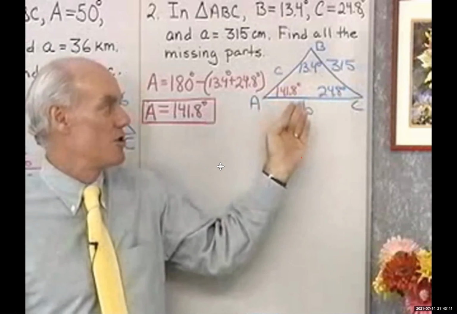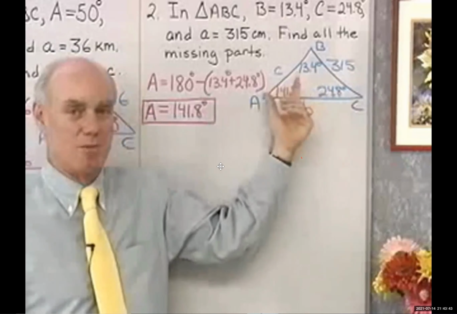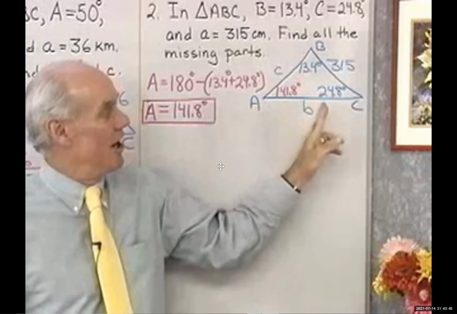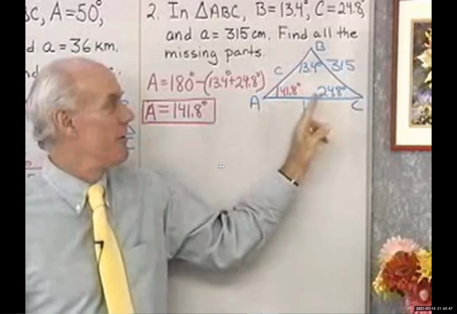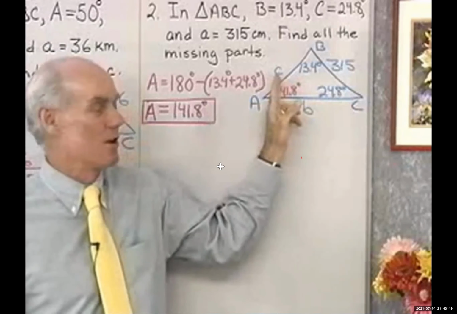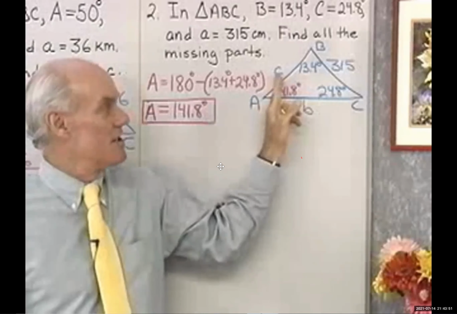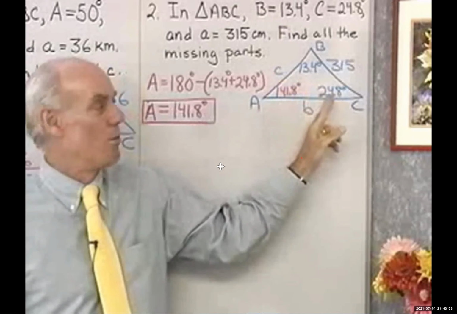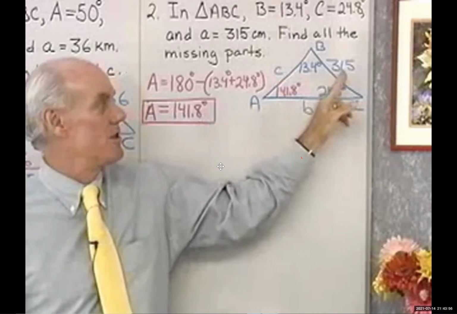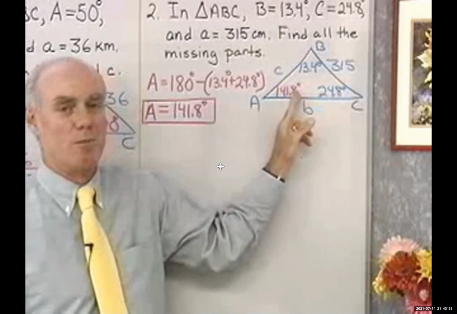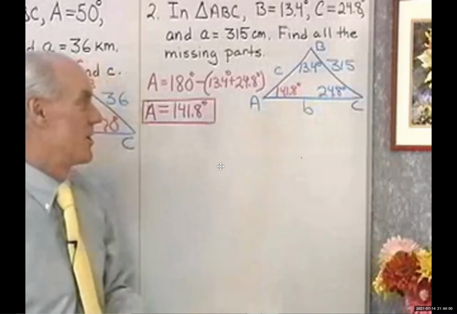We're using this triangle just so we can take a look at what's given to us and what we're asked to find. Now I'm going to use the law of sines next to find the measure of side C, and I'm going to say this. The length of side C is to the sine of 24.8 as 315 is to the sine of 141.8. That's the law of sines. Here we go.